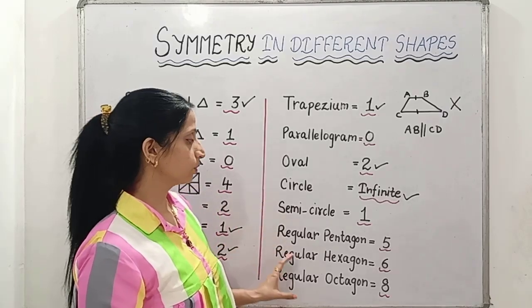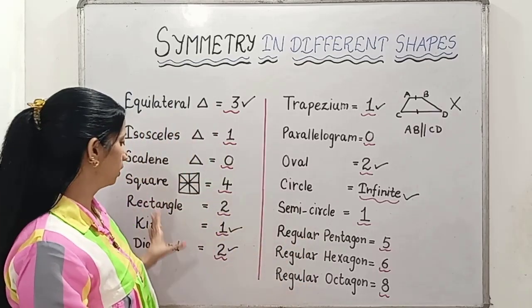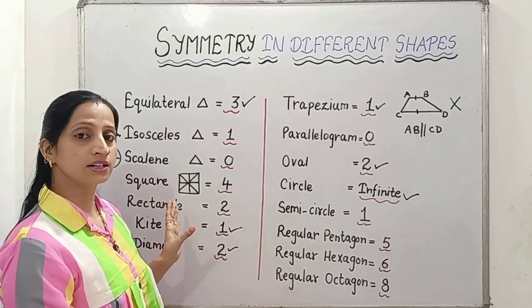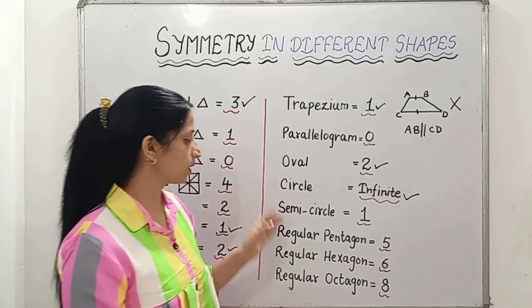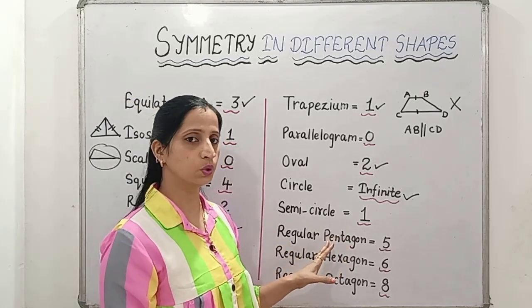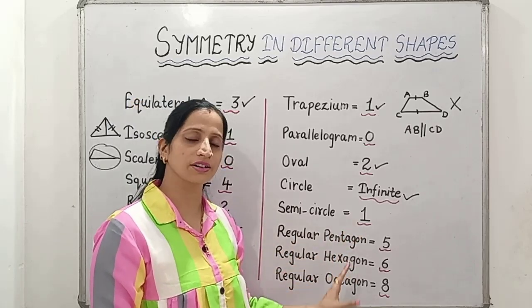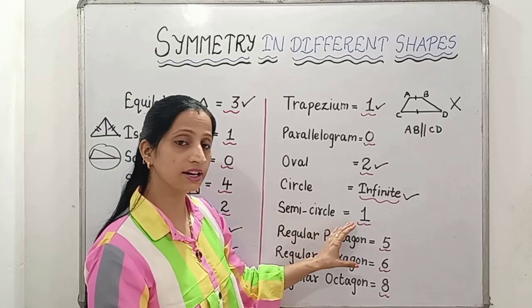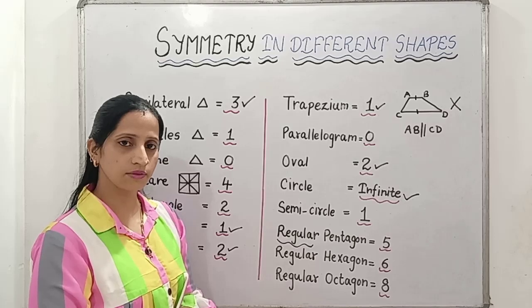Now moving on to the polygons. As we have already talked about, square and rectangle are quadrilaterals, and after the quadrilaterals, now we are moving on to regular pentagon, hexagon, septagon, octagon and so on. So a regular pentagon means, what is the meaning of this word regular?